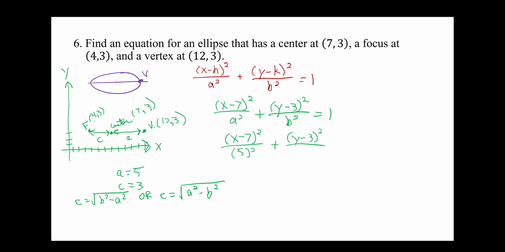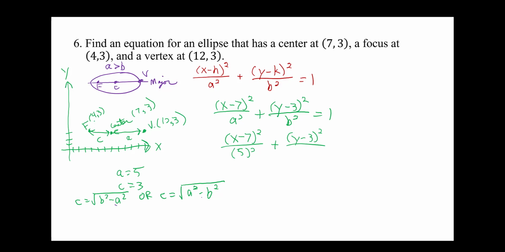The vertex, the center, and a focus are given to us here. So we know that the major axis is going in the horizontal direction. If the major axis is in the horizontal direction, then we know that a is going to be bigger than b. We really need to know that when we work with this, because if we use the wrong formula, we'll get the wrong value for b that we're looking for in this case.